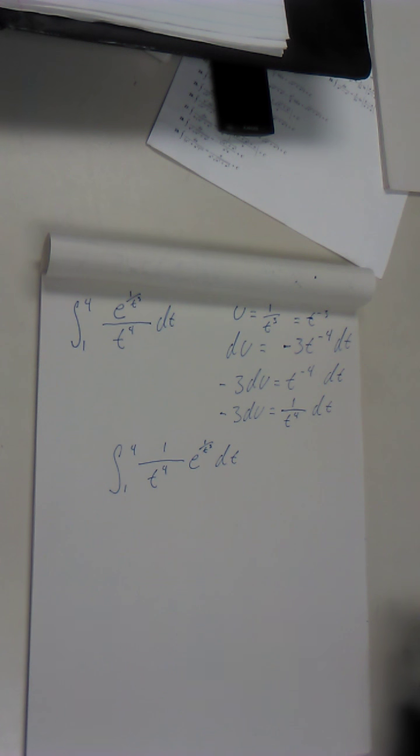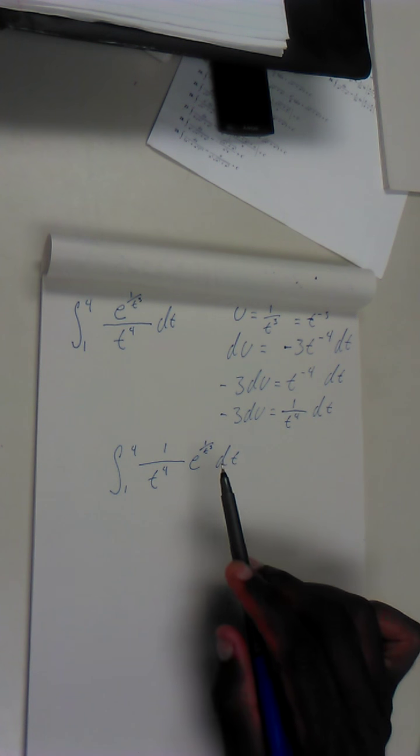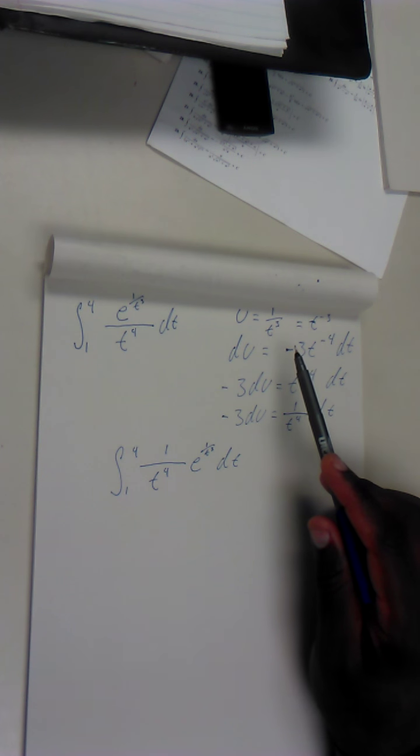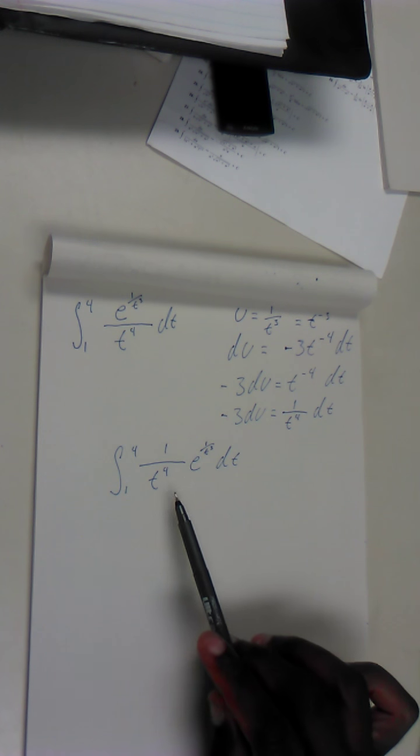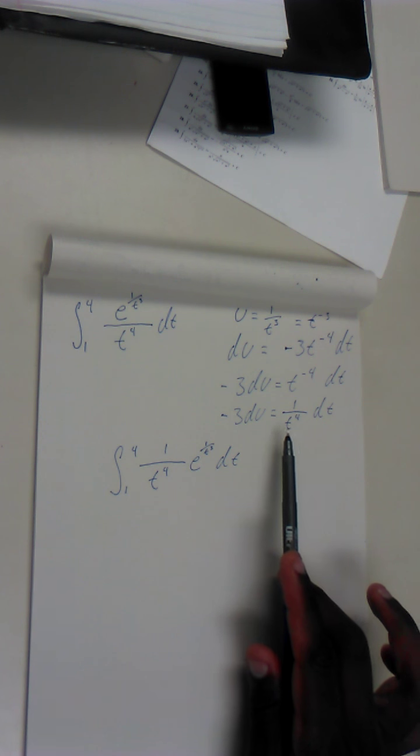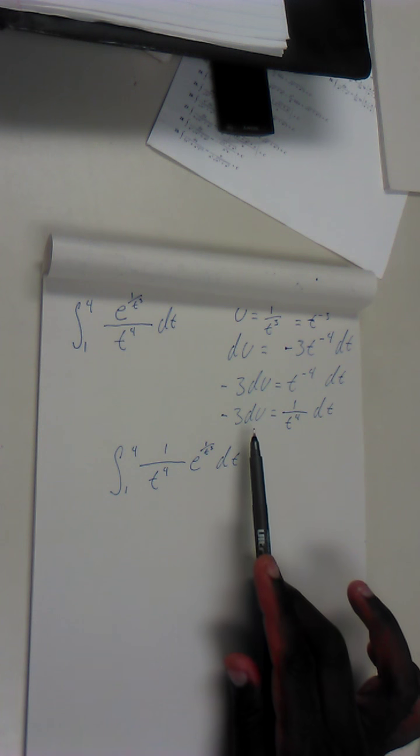So look, our 1 over t to the 3rd is accounted for by u, right? And our 1 over t to the 4th is accounted for by this -3 du, right?